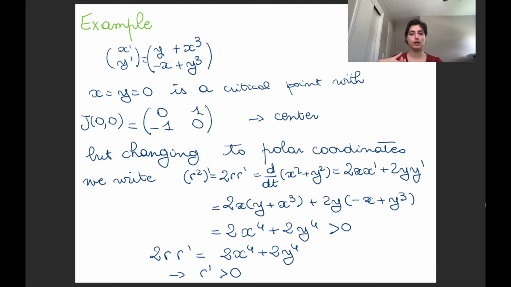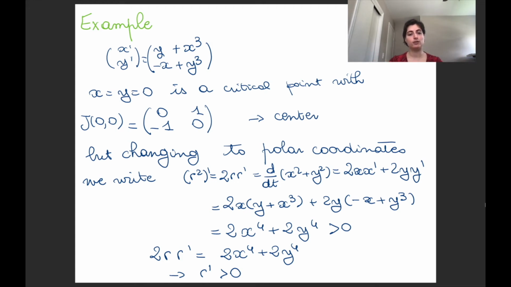That is 2x x prime plus 2y y prime. We have x prime and y prime given by our ODE, so we can write 2x times (y plus x to the third) plus 2y times (minus x plus y to the third). If we sum these two up, we retrieve that it is 2x to the fourth plus 2y to the fourth. This is obviously bigger than 0 because it's a sum of two things that can only be positive.